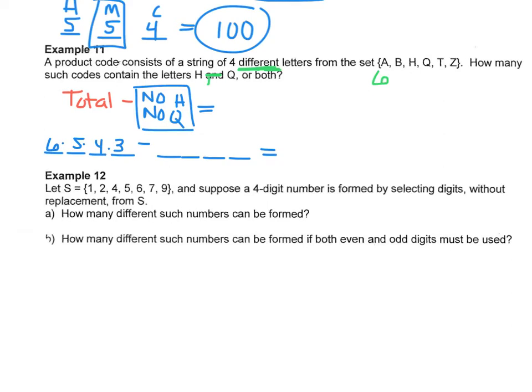Otherwise, we could just say 6, 6, 6, 6. And now if we're talking about any code that has no H or no Q, just eliminate those from your set, and this becomes 4, 3, 2, 1. And that just breaks down to 360 minus 24, and our answer is 336.